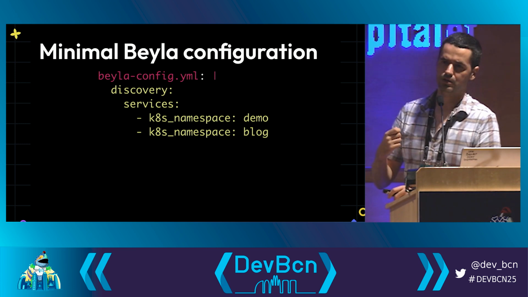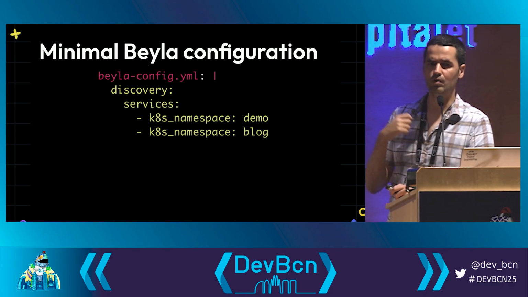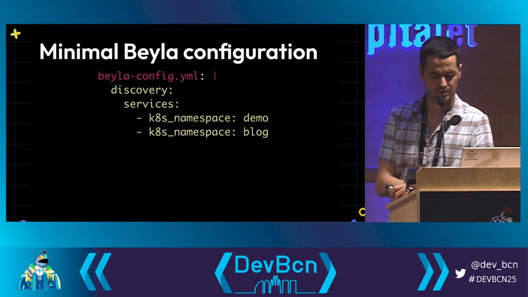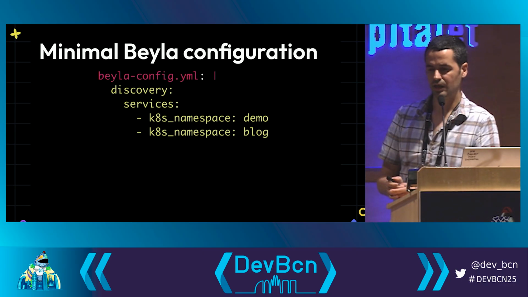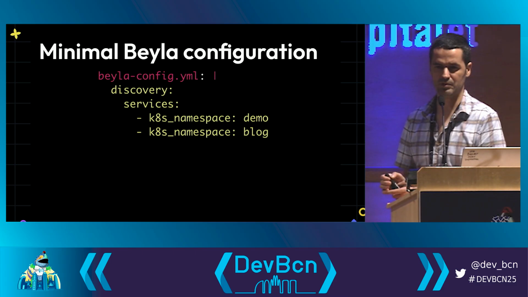You can select your applications by port, by command name, or whatever. But you can also select your applications by Kubernetes. In that case, we are telling Beyla to instrument all the pods in the demo namespace and all the pods in the blog namespace.